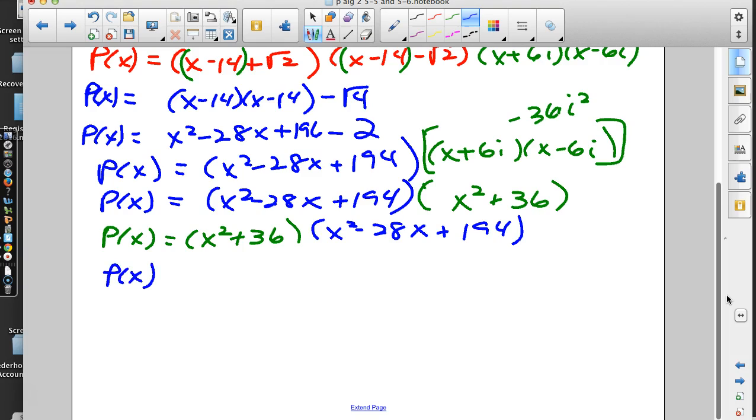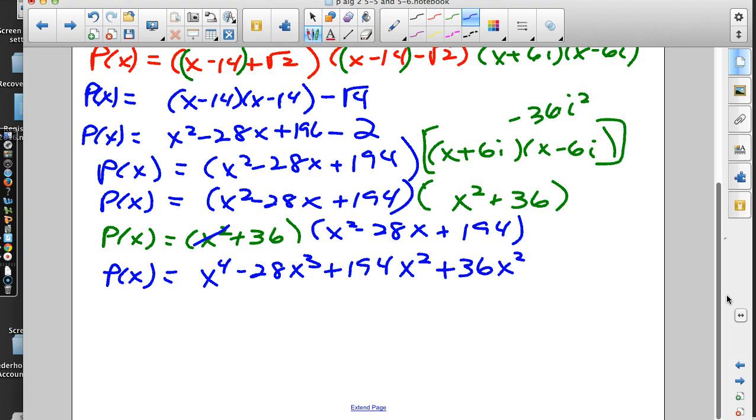So P of x is going to equal x to the 4th minus 28x cubed plus 194x squared. Already done with the x squared. Everything has been done with that. Now I have to distribute that nasty 36. So plus 36x squared.